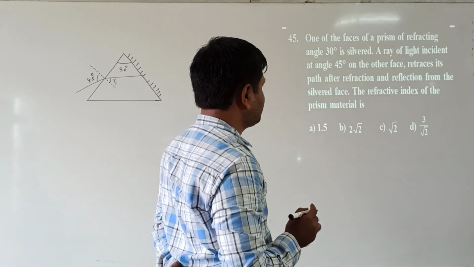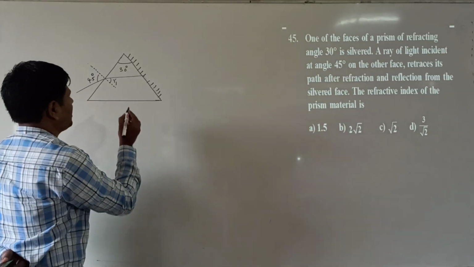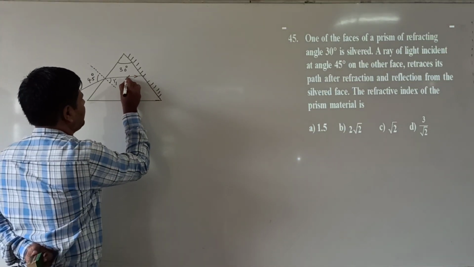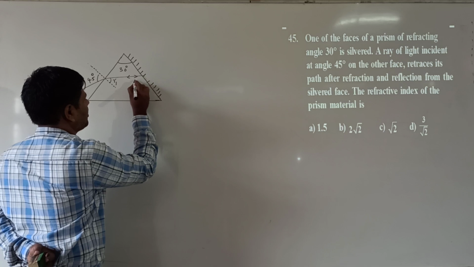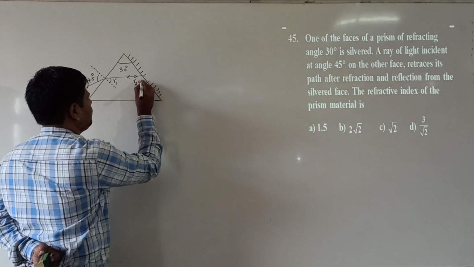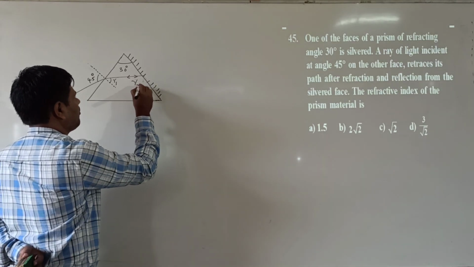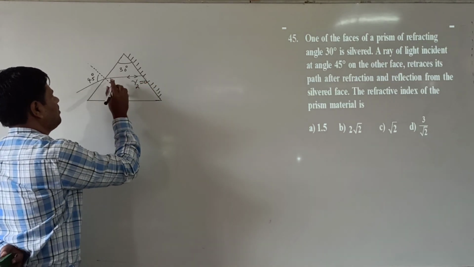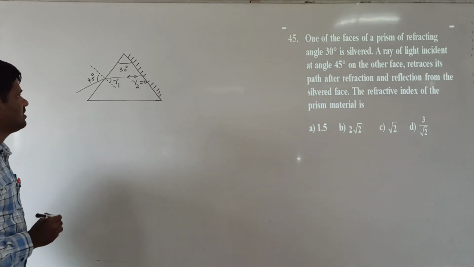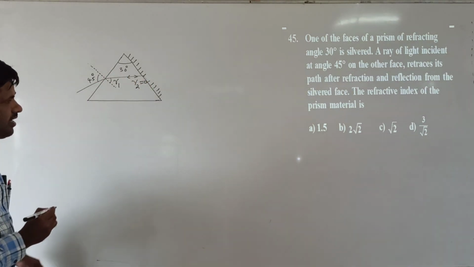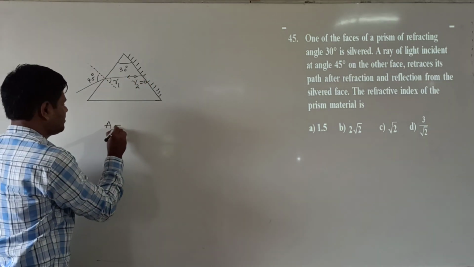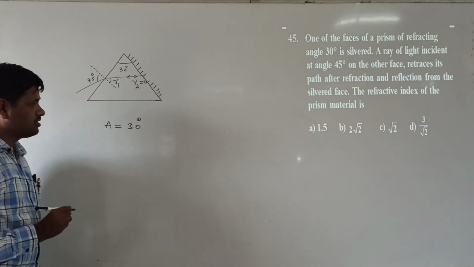On the other face, the ray retraces its path after the reflection. Here the ray is incident and retraces its path. Retraces its path means the angle R2 becomes 0. R2 equal to 0. This is the refracting angle R1. The refracting angle is given as 30 degrees, A is equal to 30 degrees.